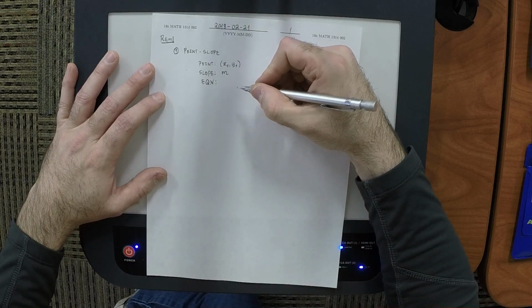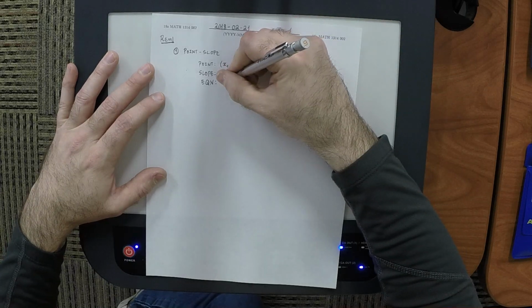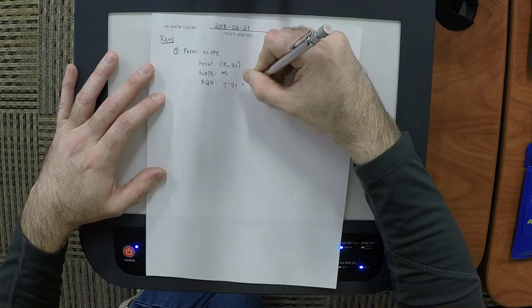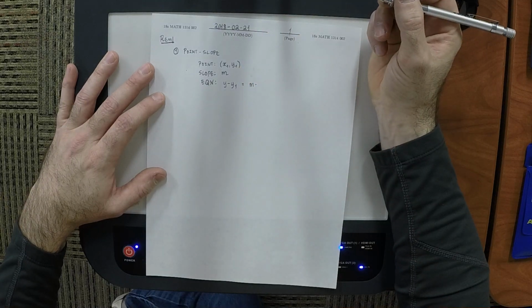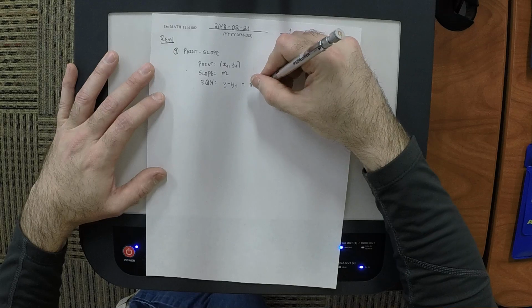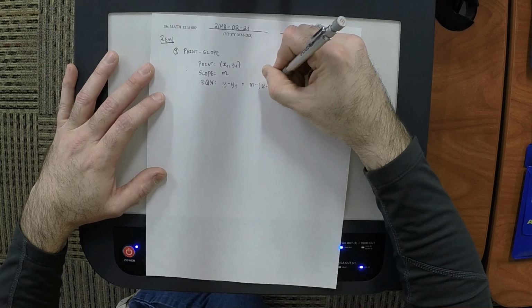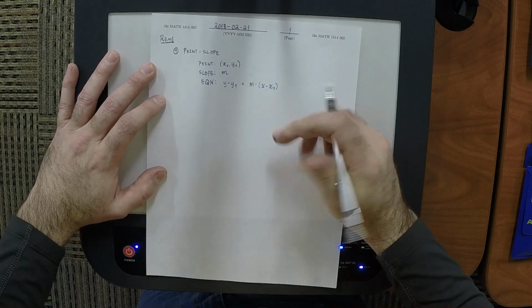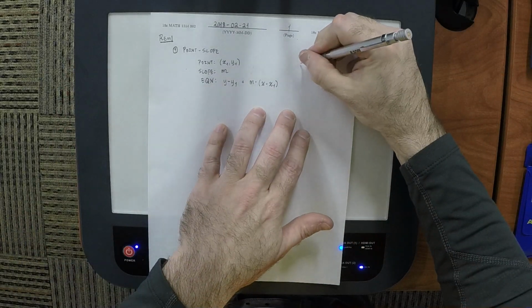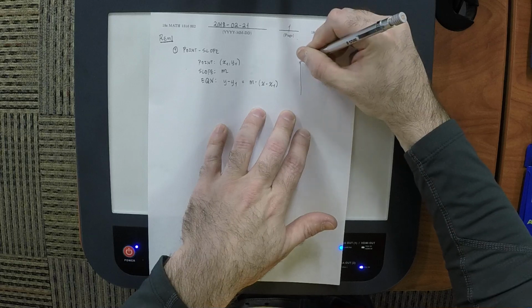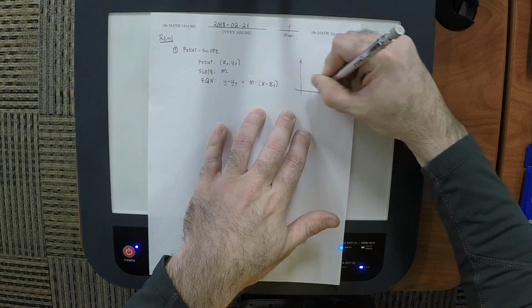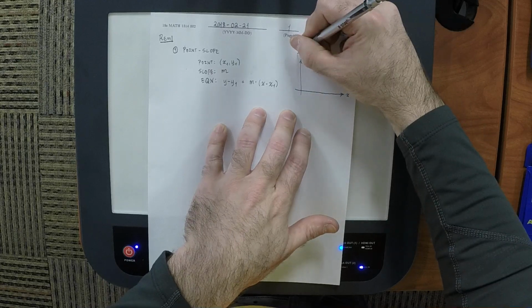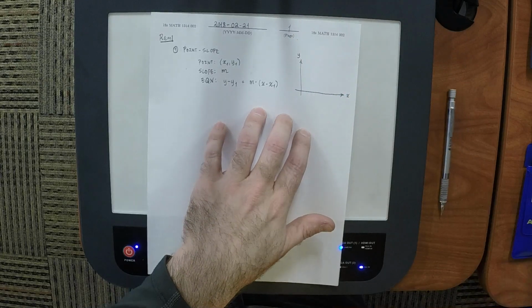What's the equation of the line? That's the one that goes y minus y1 is equal to m multiplied by what? Very good. x minus x1. And then, visually, what that's saying is that we've got the usual axes, x the horizontal axis, y the vertical axis.